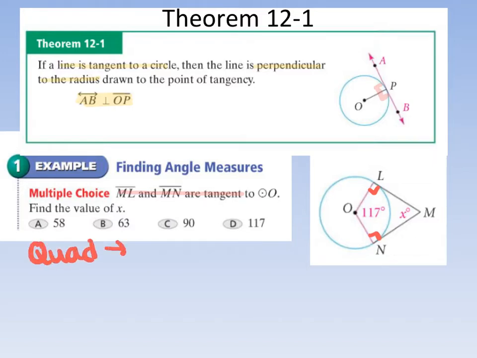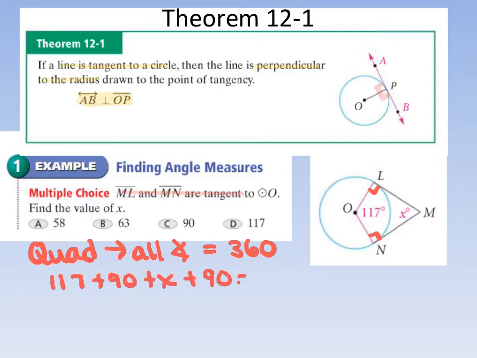And when we have a quadrilateral, we always know that all angles add to equal 360 degrees. So I could use that information to write an equation. So I could say 117 plus 90 plus x plus 90 should equal 360.